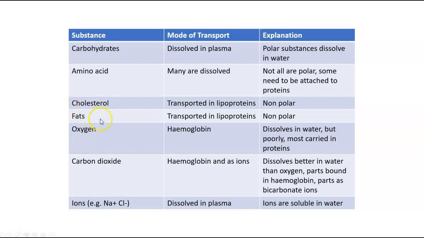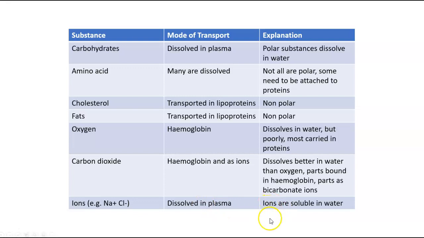Fats like cholesterol and other lipids are transported also, but they're not dissolved in water. Oxygen is also transported by the plasma, but partly dissolved and partly bound to hemoglobin. And carbon dioxide as well is bound to hemoglobin, and some of it as ions, and ions like sodium chloride also are transported in blood as they are soluble.